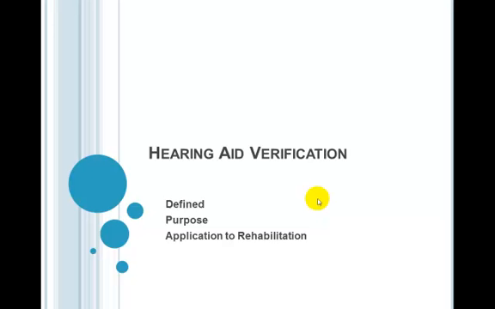Let's talk about another situation with realistic expectations. If we have an individual who has a mild sloping to moderate to moderately severe hearing loss, and those are their pure tone air and bone conduction thresholds, let's say it's a sensorineural hearing loss. Yet when we do word recognition, also called speech discrimination scores, when they perceive it to be most comfortable, perhaps they only get 64% correct or 60% correct.